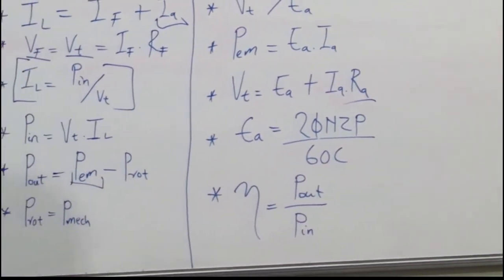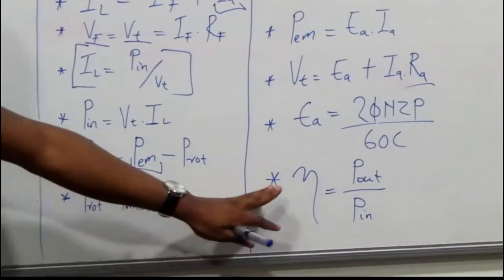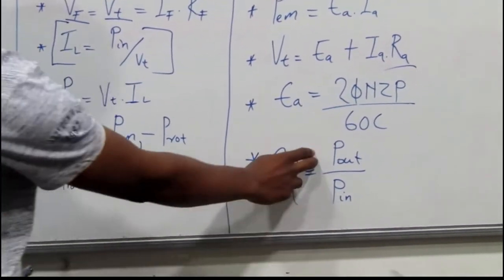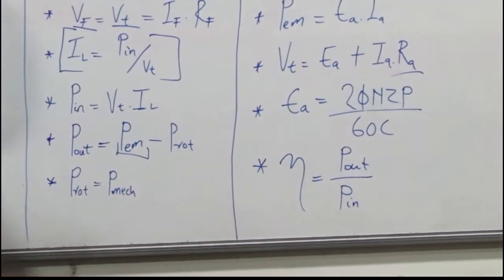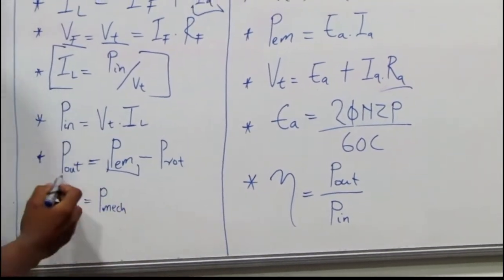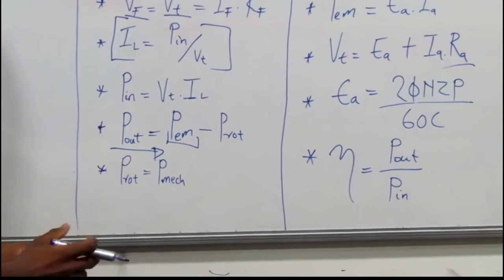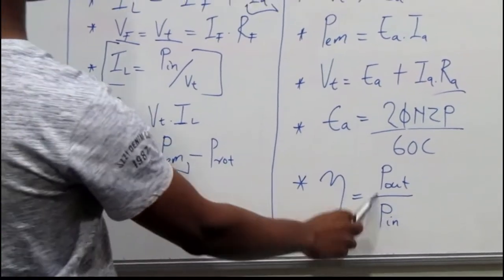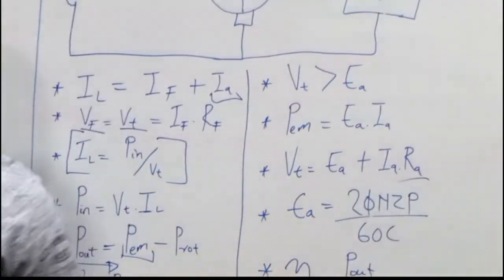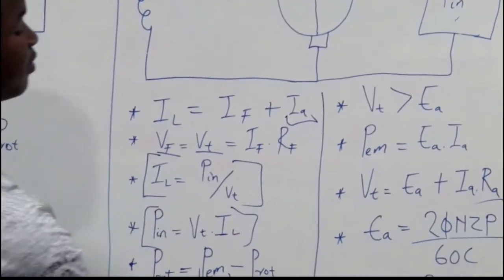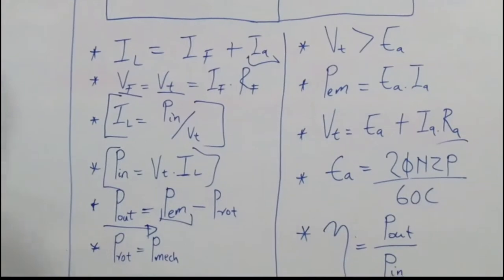And again, you can calculate your efficiency using this formula, power out over power input, where your power out you can always calculate using this formula. And your power input we are usually given. If you are not given, you can calculate it here, then you substitute and get your efficiency.